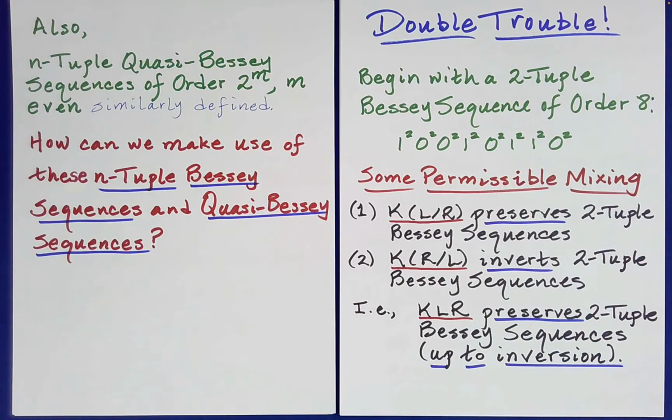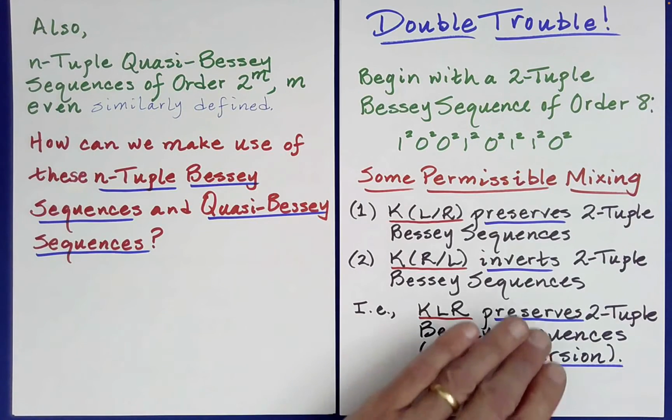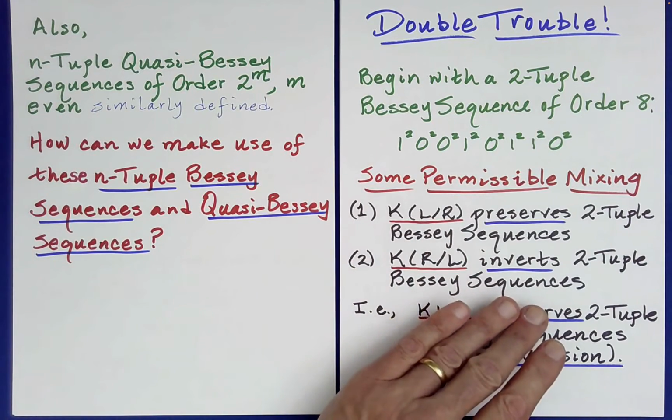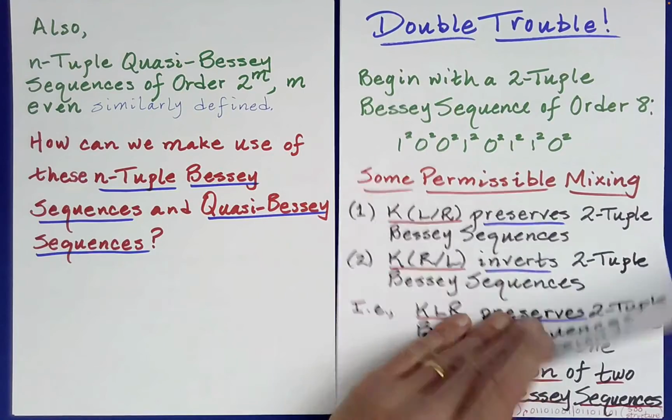Both of those outcomes are acceptable. Both of them preserve the fundamental underlying structure of the Bessey sequence. So in other words, the KLR shuffle preserves two-tuple Bessey sequences up to inversion. Inversion may occur, but that's not going to be a problem for us moving forward.